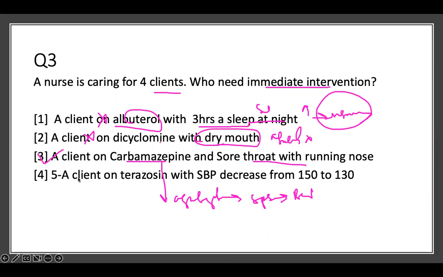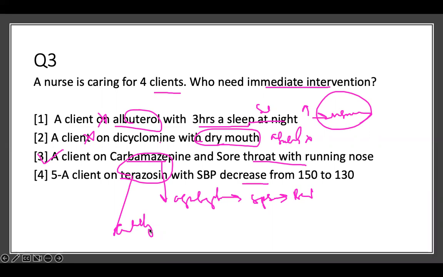Let's look at number 4. A client on terazosin with systolic blood pressure decreased from 150 to 130. What do you think? So this is an alpha blocker. You use it for BPH. And then the common side effect is orthostatic hypotension.